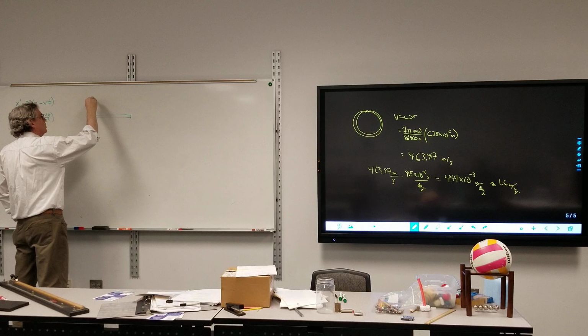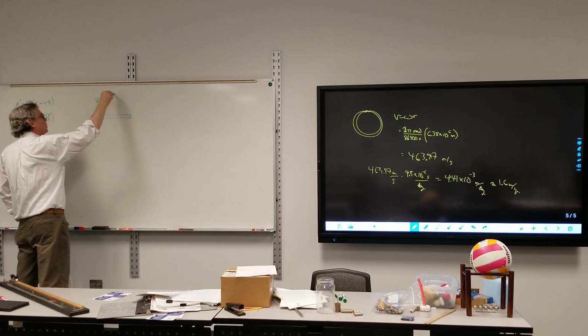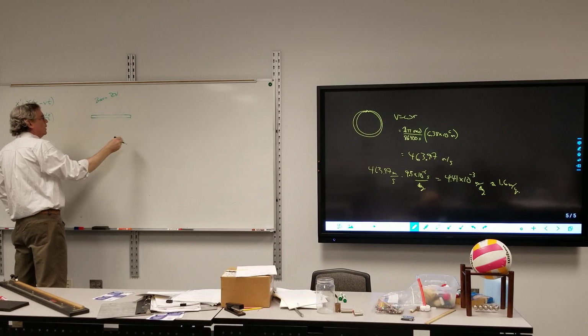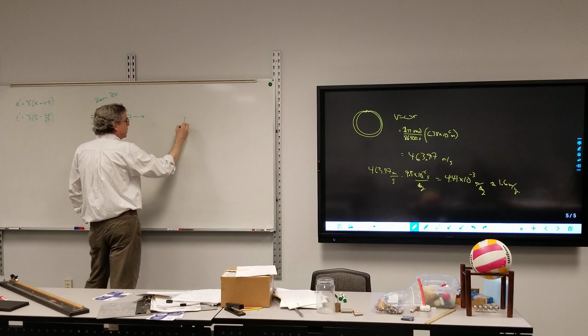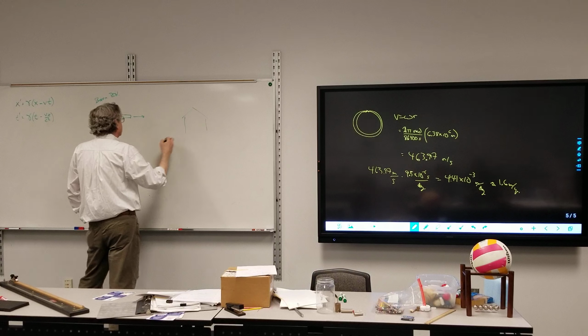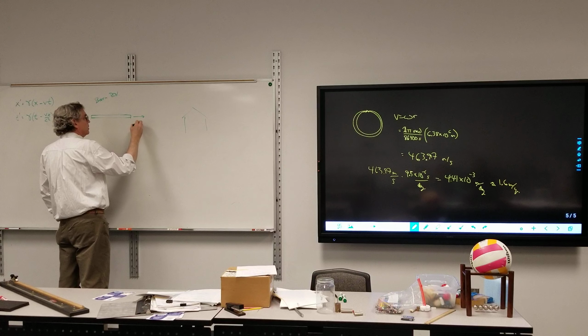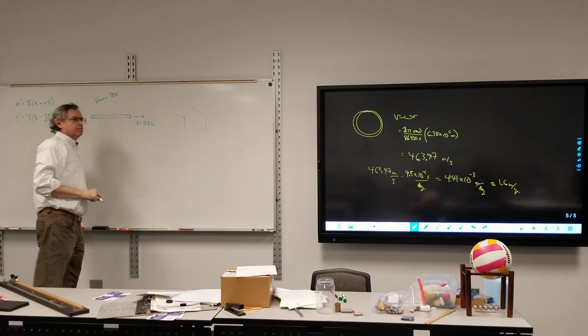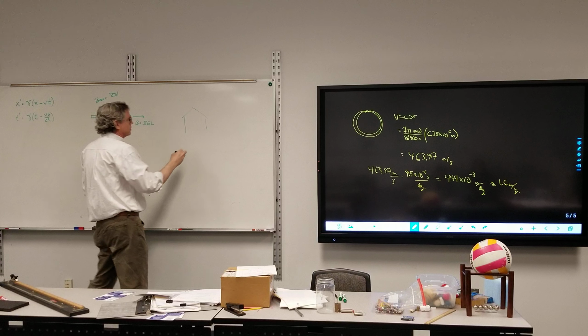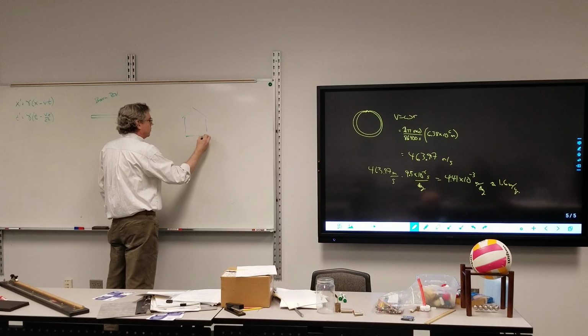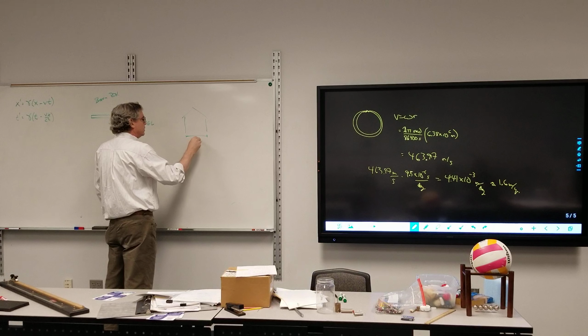So from the barn point of view, I have a pole that is moving towards the barn at beta equal to 0.866. I think yesterday I did 0.8, now doing 0.866. The width of the barn is 10 meters.